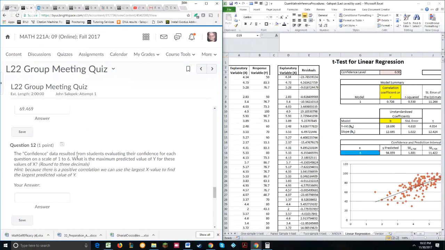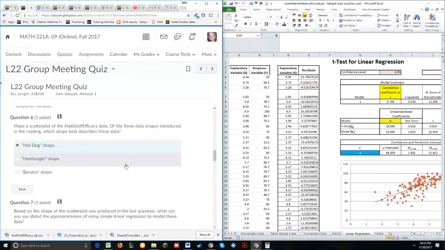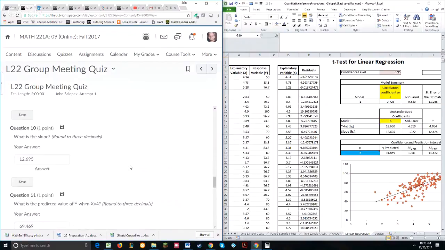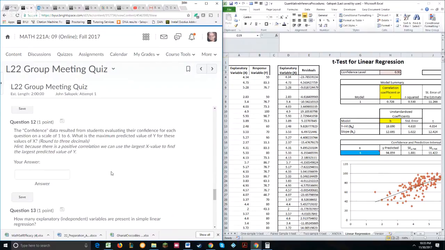Because it says the confidence data resulted from students evaluating their confidence for each question. Wait, so it says for the next 7 questions, use the math self-efficacy data. So that's 1, 2, 3, 4, 5, 6, 7. So this is question 7. So yeah, it still is pertaining to the other info. Okay. But yeah, I'm kind of confused on what they're asking.